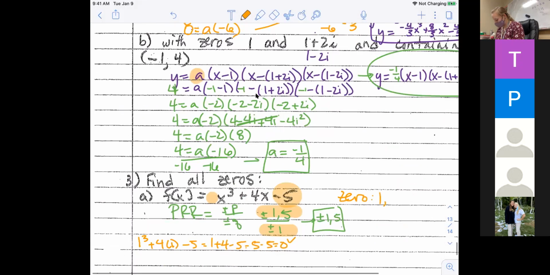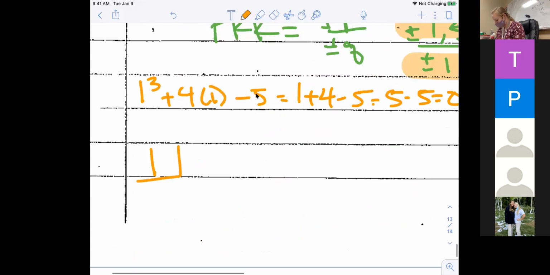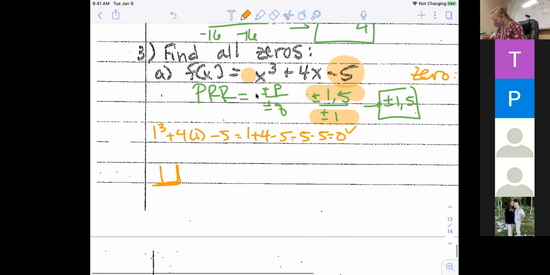So I'm going to do 1 in my little house. And then I'm going to do my coefficients of 1, 4. Oops, don't forget your x squared one. That's a common mistake, is if there's no x squared and we forget it, then you're going to get all of the wrong answers. So be very, very careful. So I've got 0, 1, 0, 4, -5.